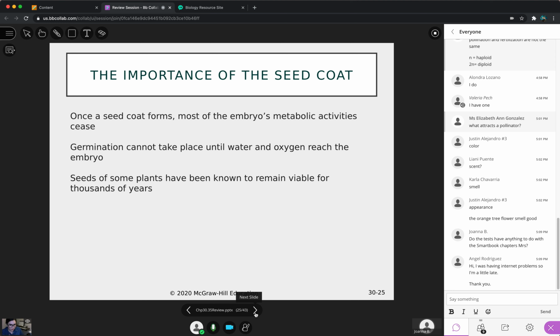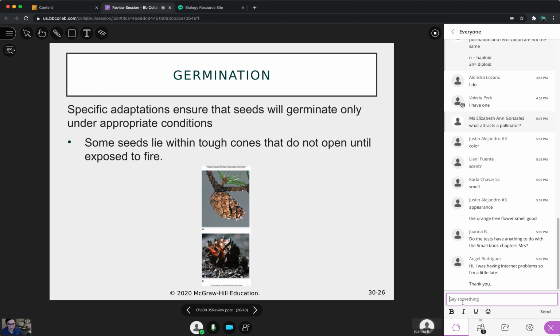The seed coat, we mentioned this earlier, it's the outer protective layer. This is so that the seed is protected and it's not going to germinate until it gets some water. It says some seeds can stay alive for thousands of years, which is kind of crazy. That's why maybe you all have heard about seed banks.